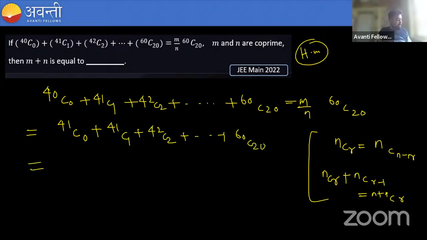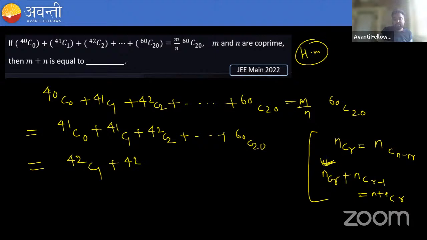Similarly, you can see here 41C0 plus 41C1. Use this formula, and what you will get is 42C1 or not? 42C1, use this formula.